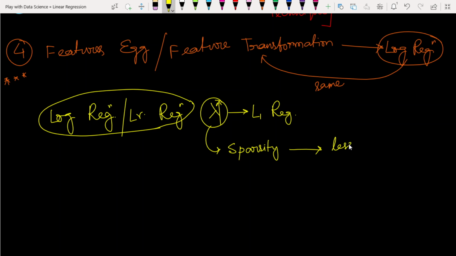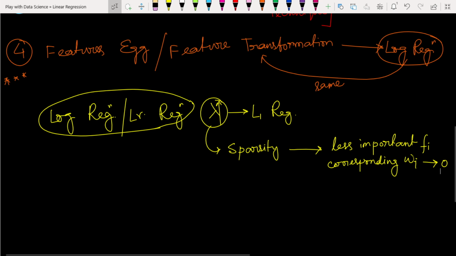So if feature i is less important, its corresponding wi goes to 0. Simply, if we take L1 regularization, it will take the value 0.